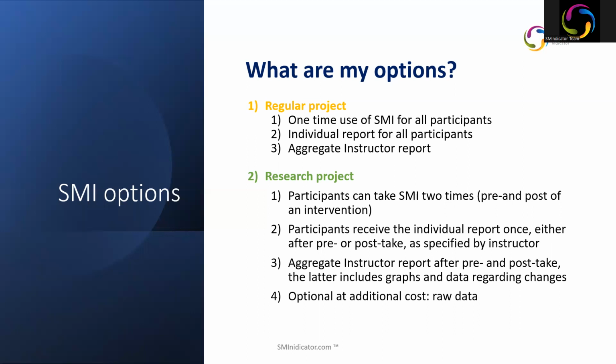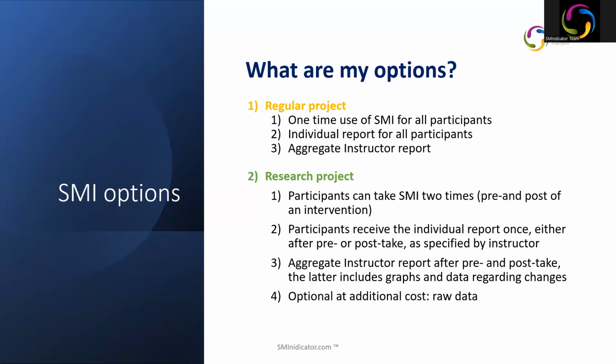Then as an instructor, you receive 2 reports this time. You receive, first of all, one as a pre-report, and that is very much identical to the aggregate instructor report that you receive for a regular project. So it shows you again how the group expresses overall the 12 different principles, as well as the behavioral, affective, and cognitive aspects.